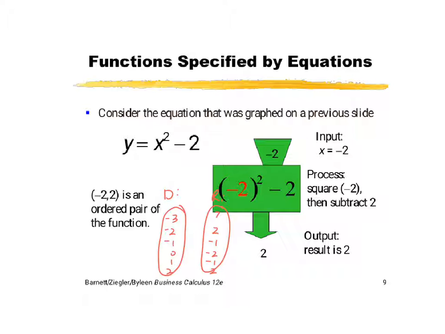Notice here that each corresponding value of x corresponds to exactly one y value. So each domain element corresponds to one and only one range value. So -3 corresponds to 7, -2 corresponds to 2, -1 corresponds to -1, 0 corresponds to -2, and then in the case here we have a -1 and a +2 repeated.